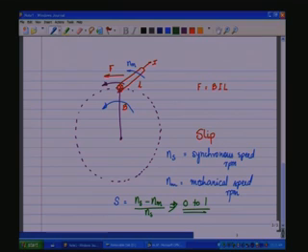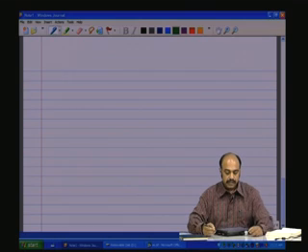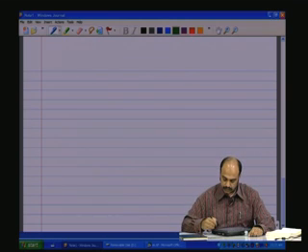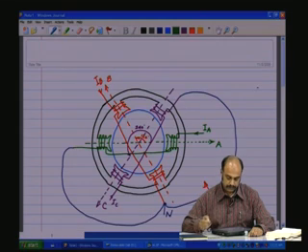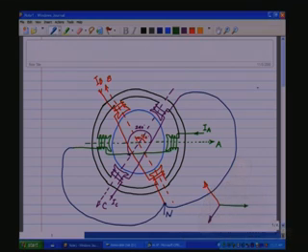Yes, we shall come back to the concept of the slip a bit later again. We shall revisit that, but now we should try to understand what happens if we put more number of poles. We saw in the picture here that there is one pole set, one pole pair per phase.